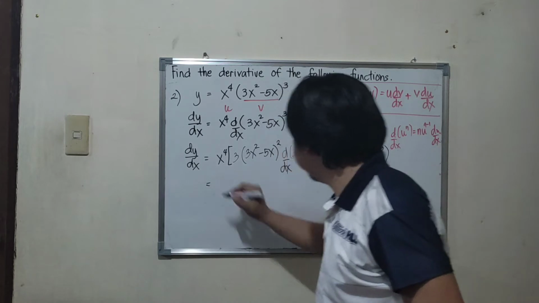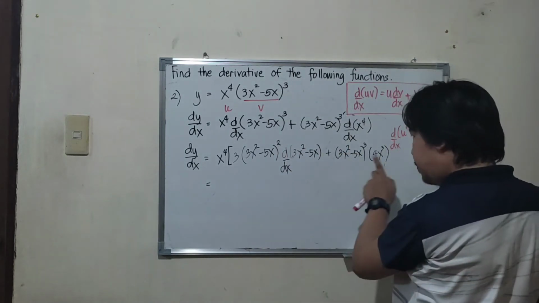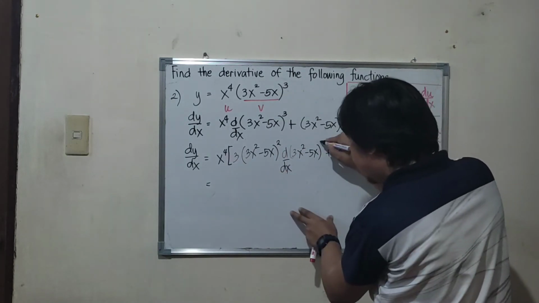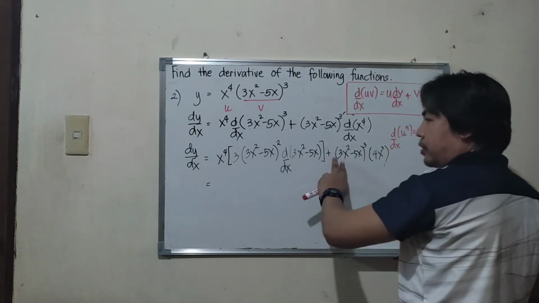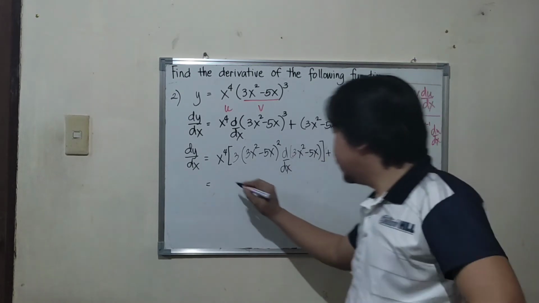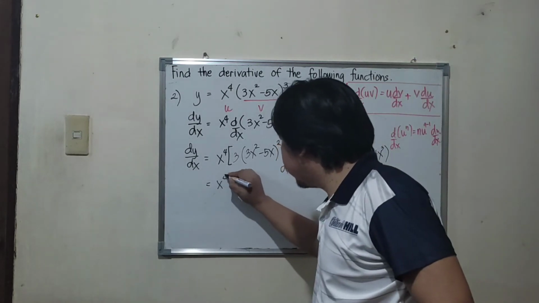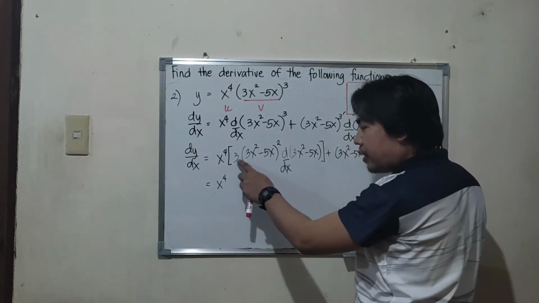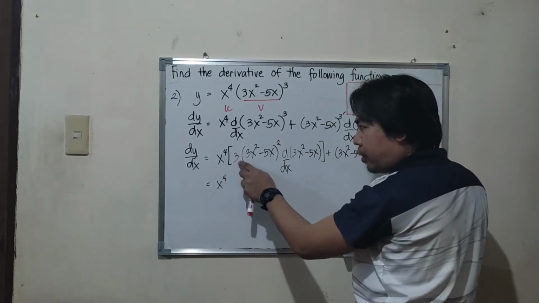So we have, oops, may na-miss tayo, may bracket dito, so lagyan natin dito. Yan, so kunin lang natin derivative na to. So we have x to the fourth, or we can combine this, x to the fourth and 3.